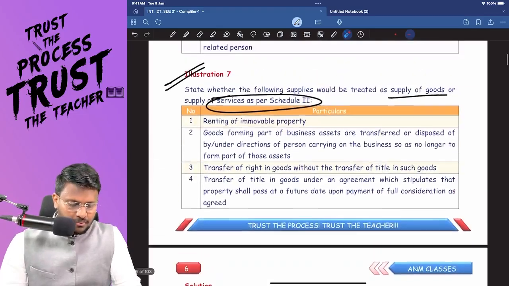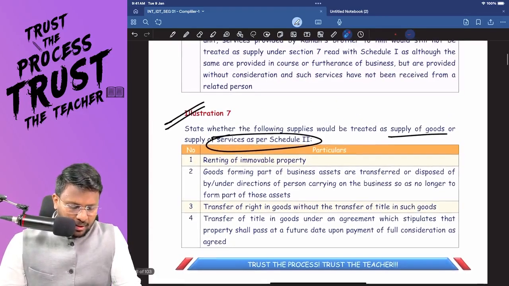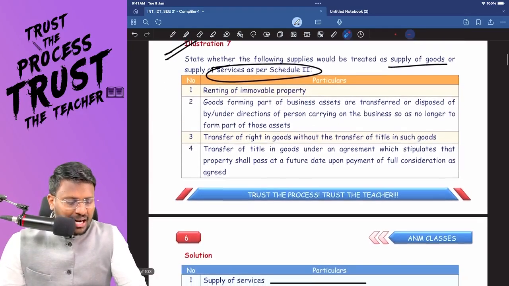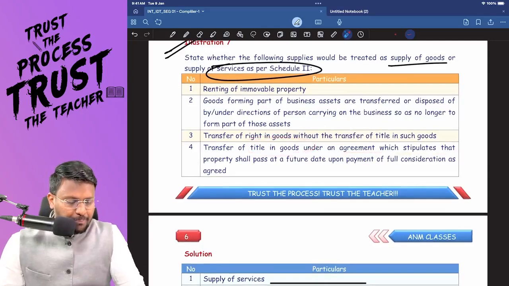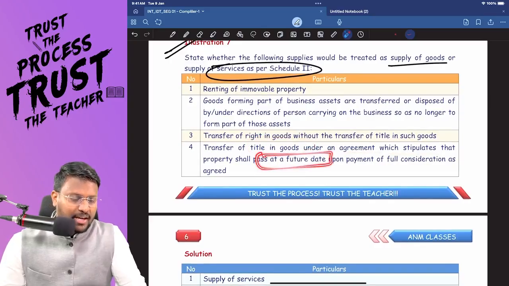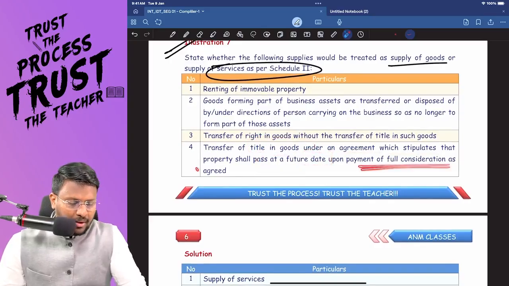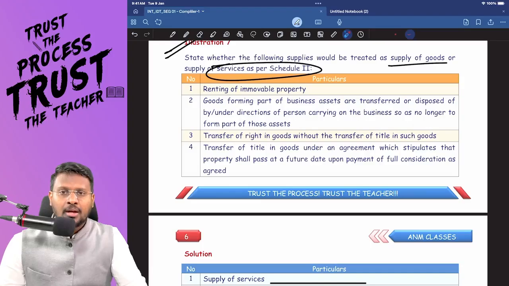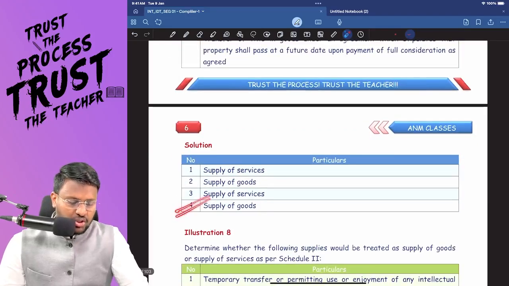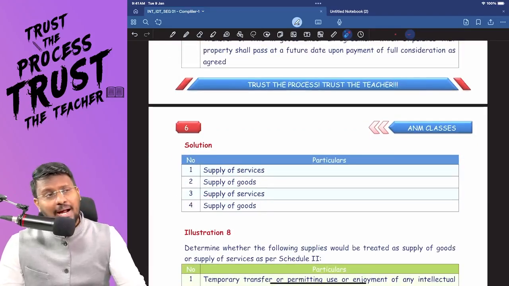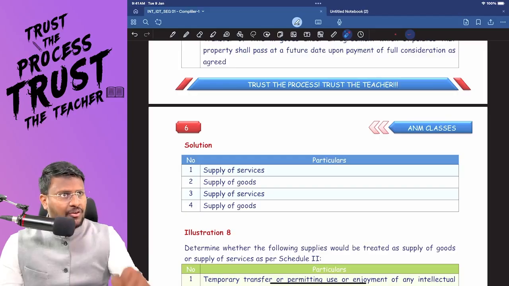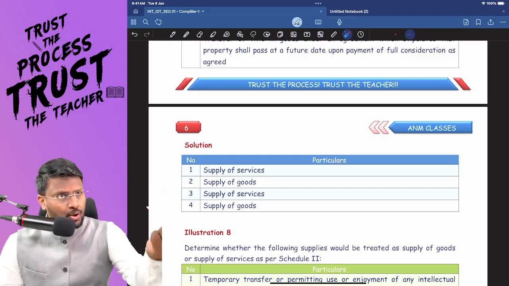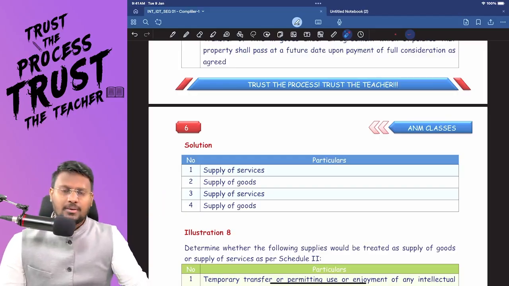The next one, the fourth one: transfer of title in goods under an agreement which stipulates that property shall pass at a future date upon full payment of the consideration as agreed. This is supply of goods, because both title and possession are transferring. Whereas possession is transferring now itself, title is transferred on a future date upon payment of the consideration.